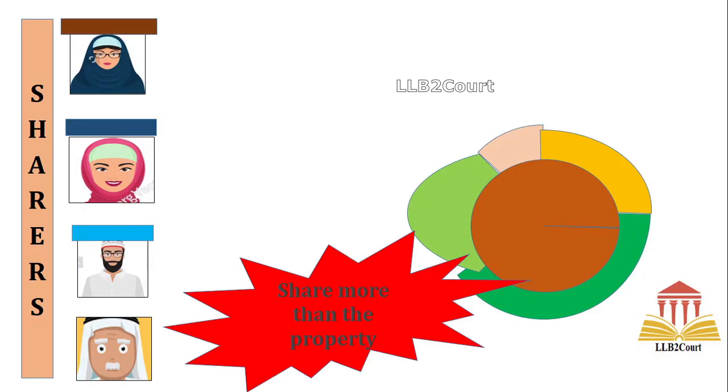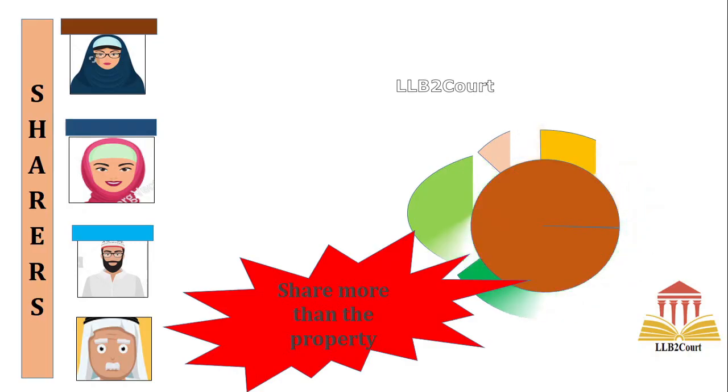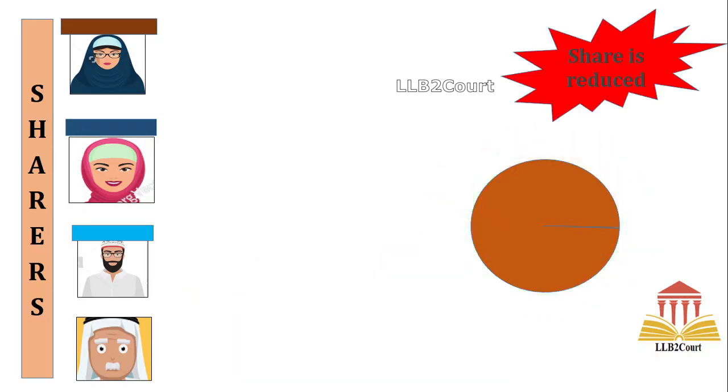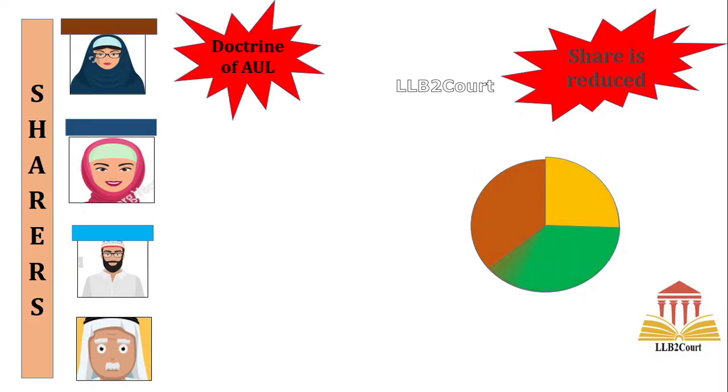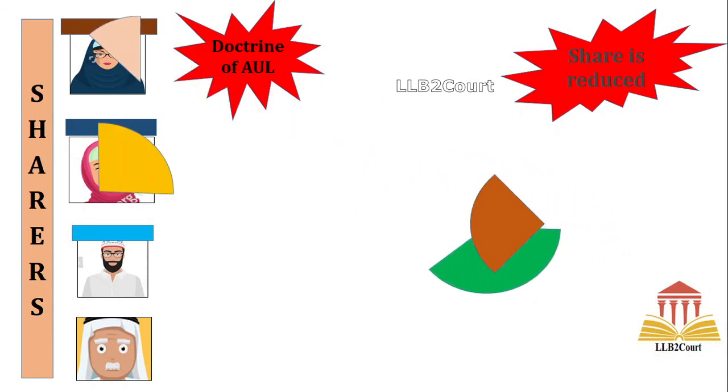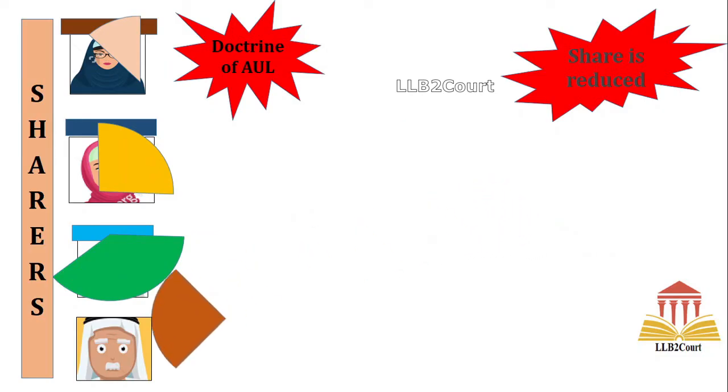If you see in this picture, the shares are more than the circle. So we need to reduce the shares in order to allot them to the sharers. This proportionate reduction of shares is called the doctrine of Aul. Once the shares are reduced proportionately, they are distributed to the sharers, avoiding the exceeding issue.